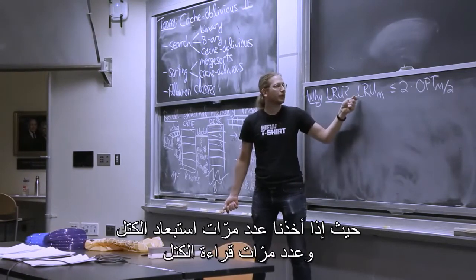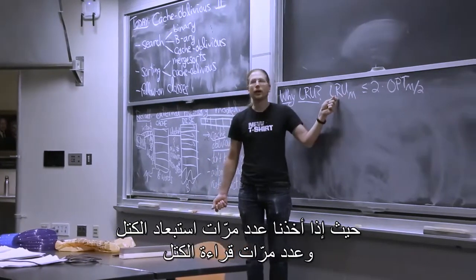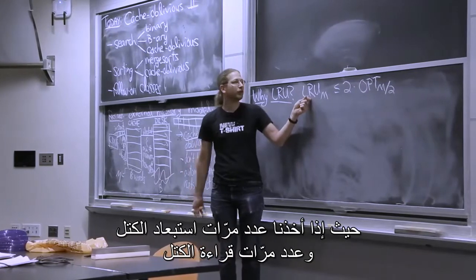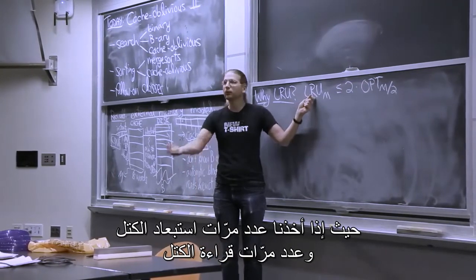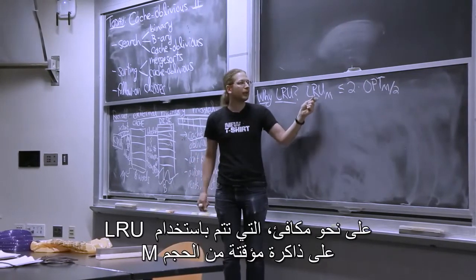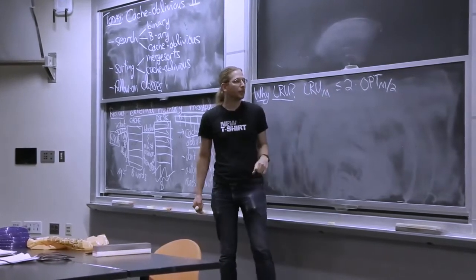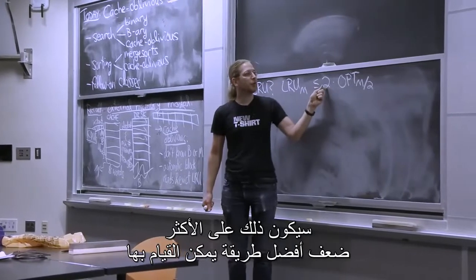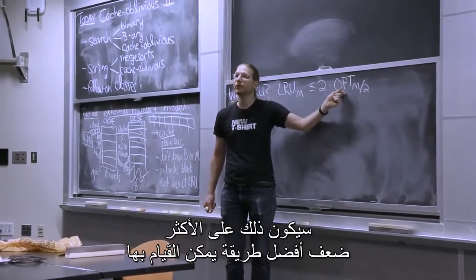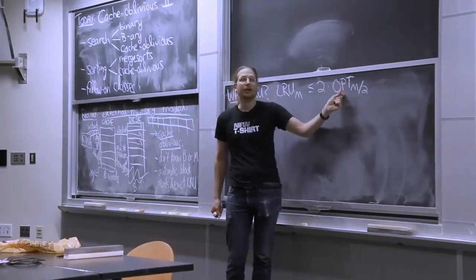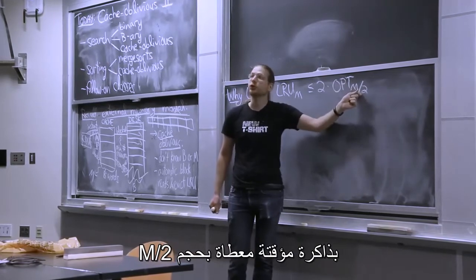And at the very end, I mentioned a theorem about why LRU is good. If you take the number of block evictions, equivalently the number of block reads, that LRU has to do on a cache of size M, then that's going to be at most twice whatever the best possible thing you could do is, given a cache of size M over 2.